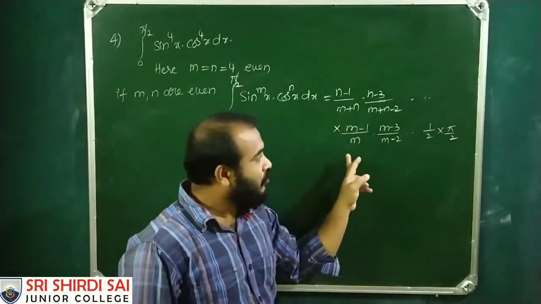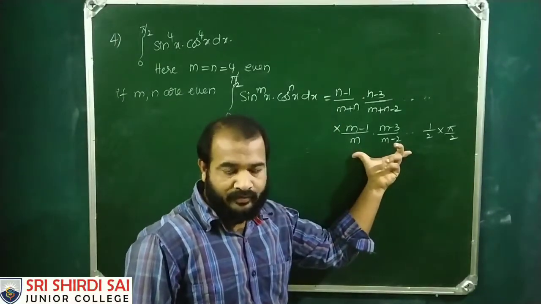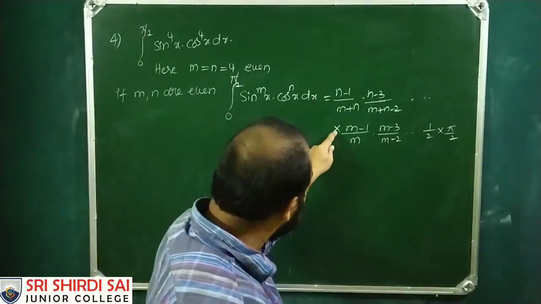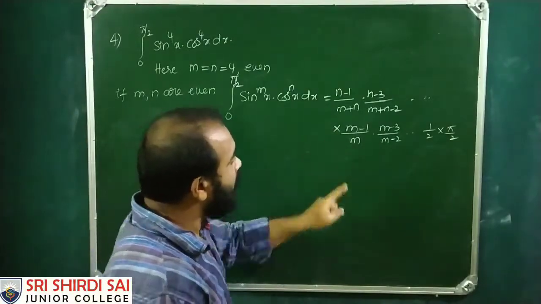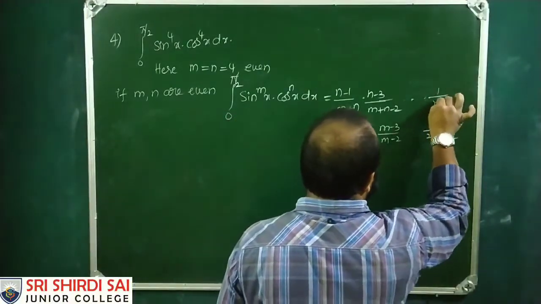Integral 0 to pi by 2 sin power nx dx, this we know. And if you want to write the previous term of this, it will be 1 by m plus 1.